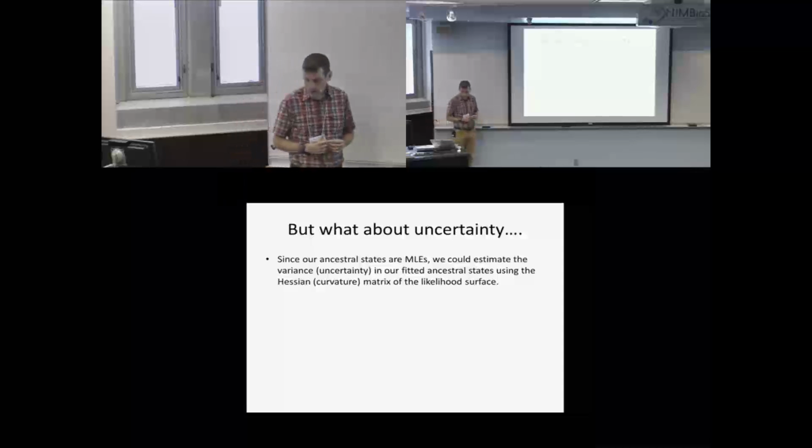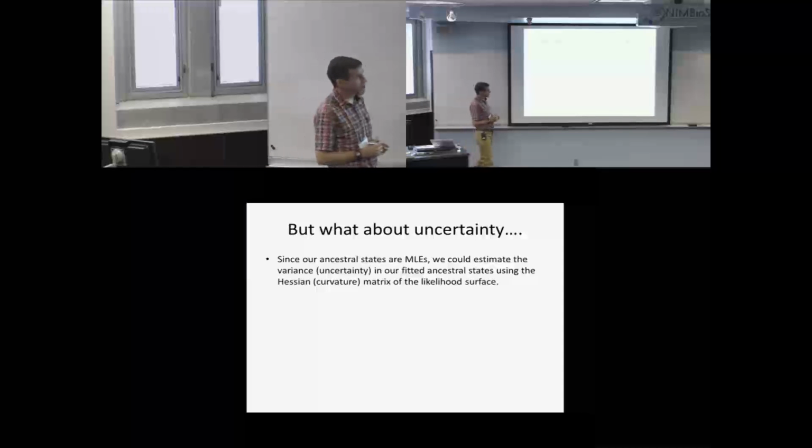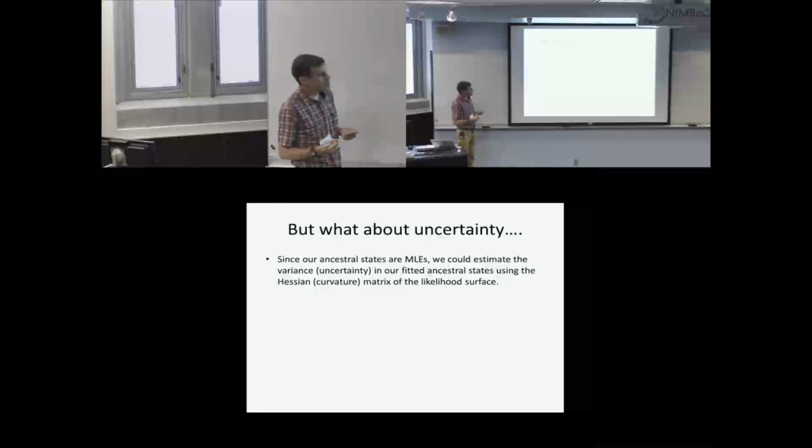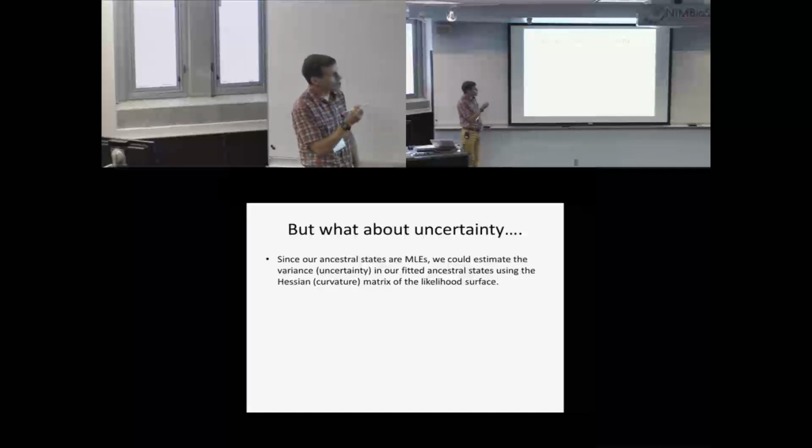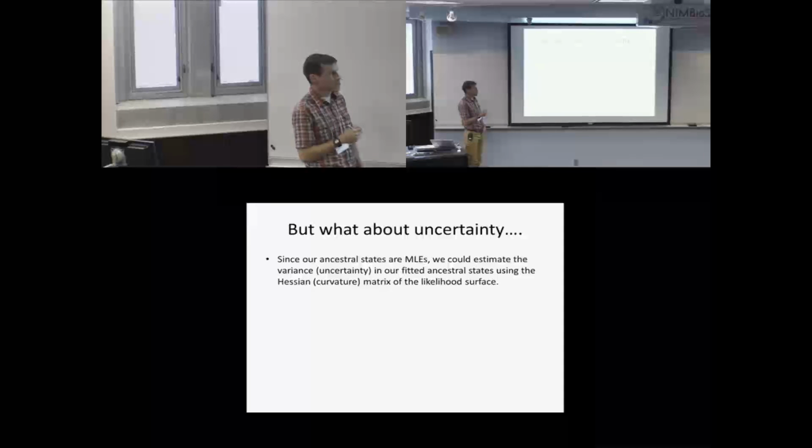Since our ancestral states are maximum likelihood estimates, we could obtain an estimate of their variance, their uncertainty, by using something called the Hessian matrix, which is essentially a matrix that gives us a measure of the curvature of the likelihood surface. So how is the curvature of the likelihood surface related to uncertainty?